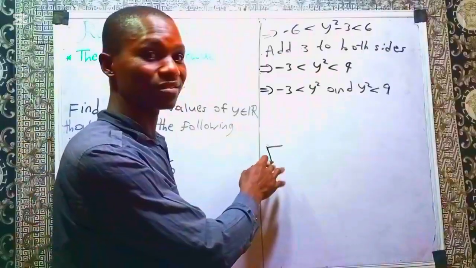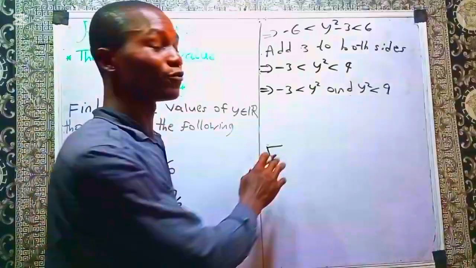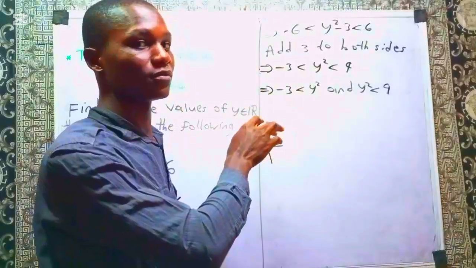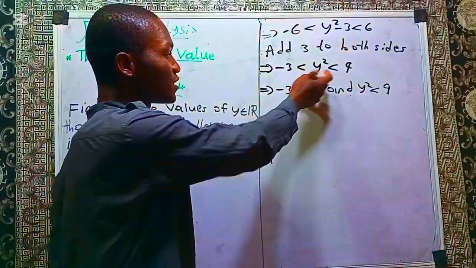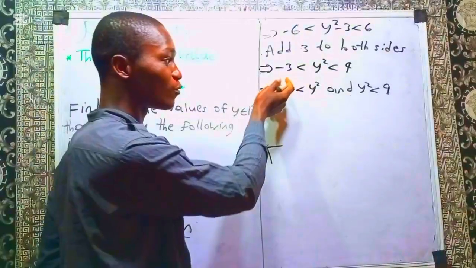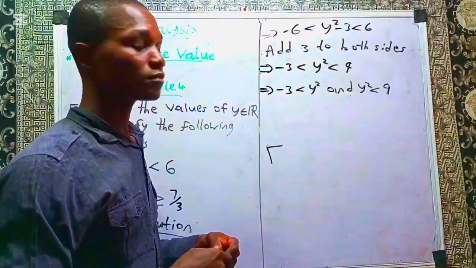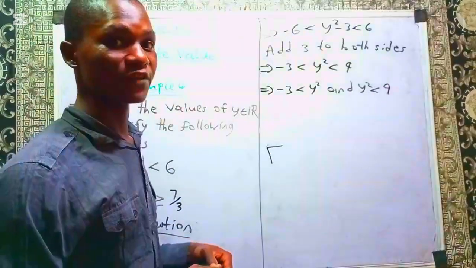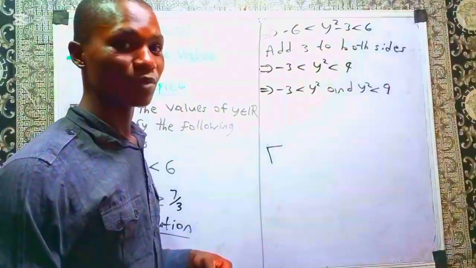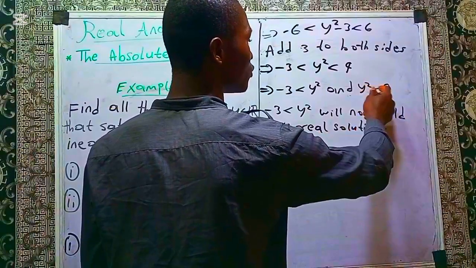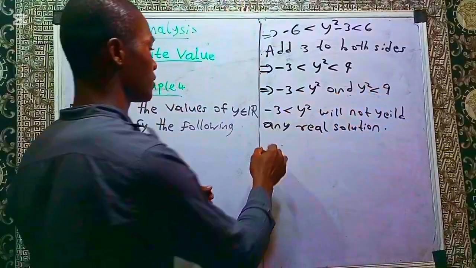I don't want to go into detail evaluating it, because this will not give us the solution. You know that the square root of negative numbers will give you a complex number, which is not a real number. So this will not yield a solution. We are going to focus on this one.